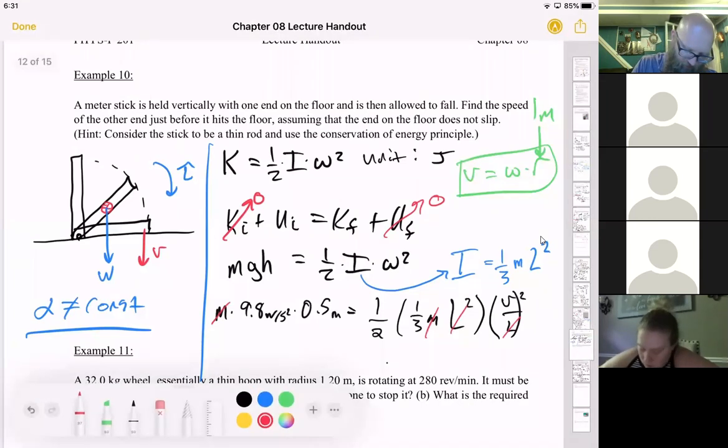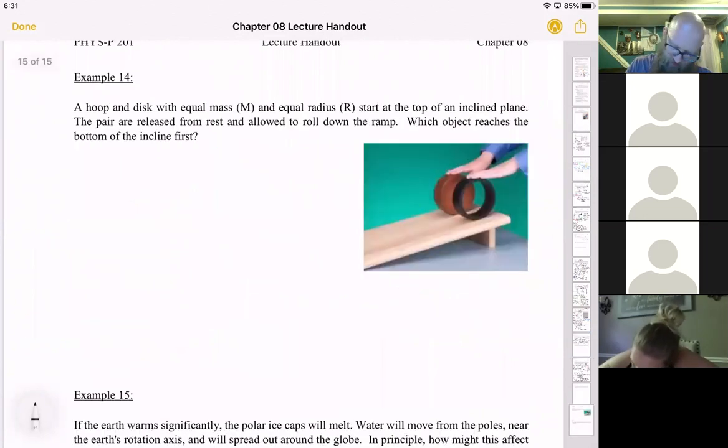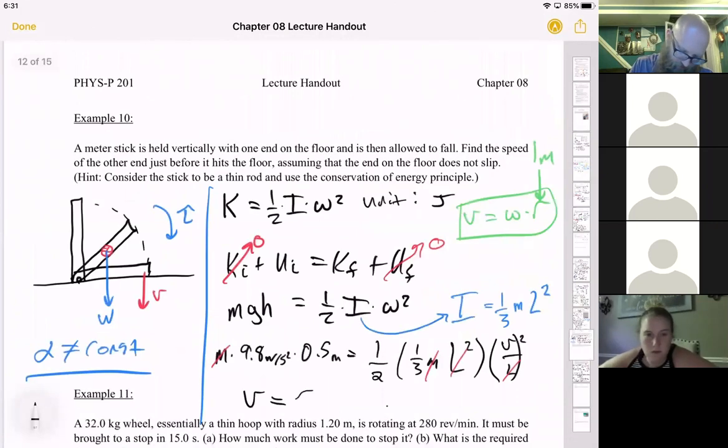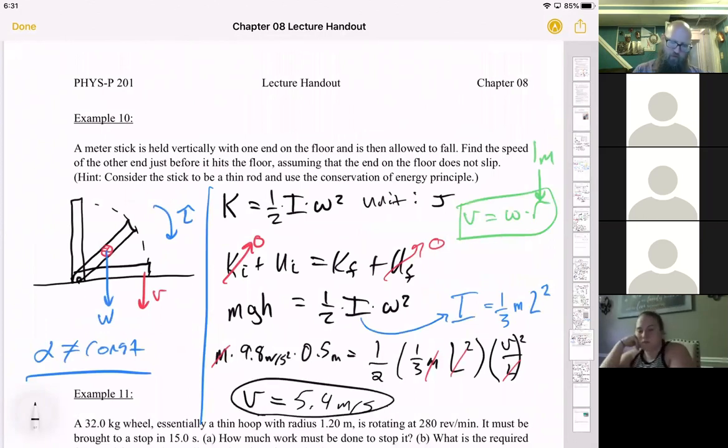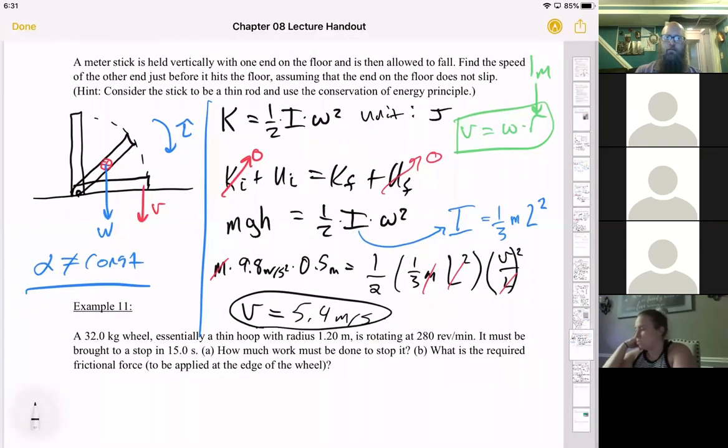So if I solve this for V, what I get is 5.4 meters per second. Questions about that? Again, I worked a rotational kinetic energy example problem in the pre-lecture video for this.